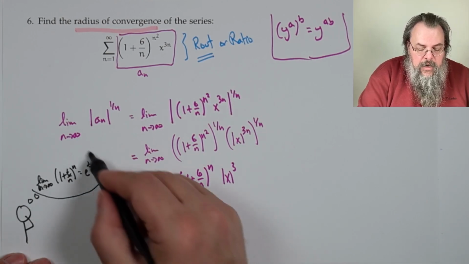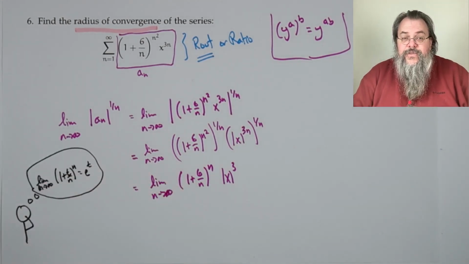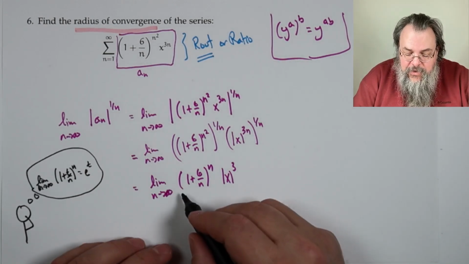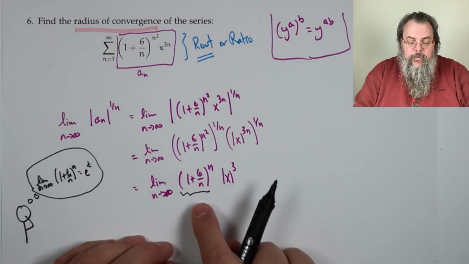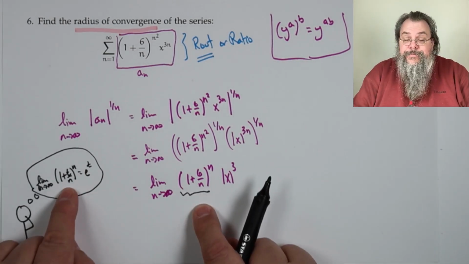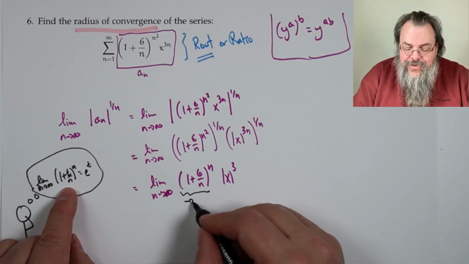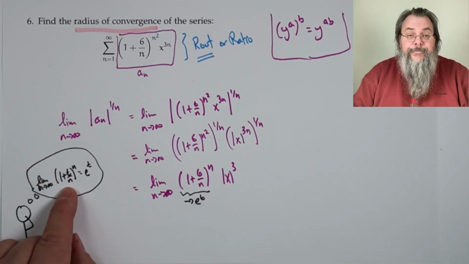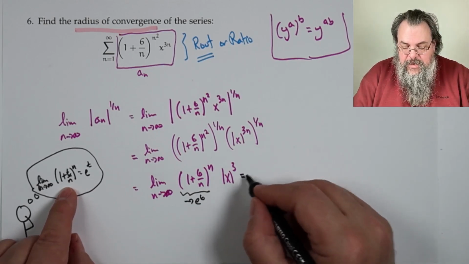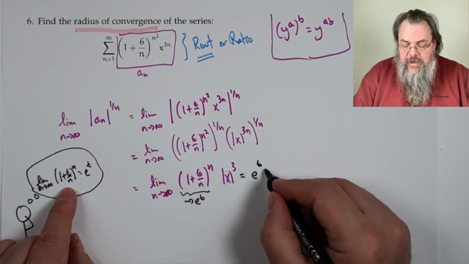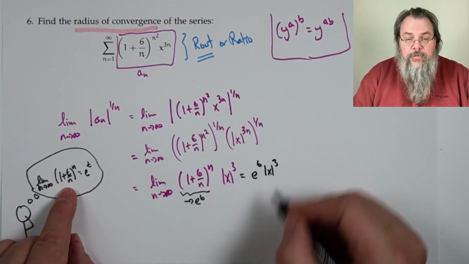And we're like, that's a pretty good thought for us to have. So in this case, t equals 6. So this goes to e to the 6. So our limit is e to the 6 times the absolute value of x cubed.